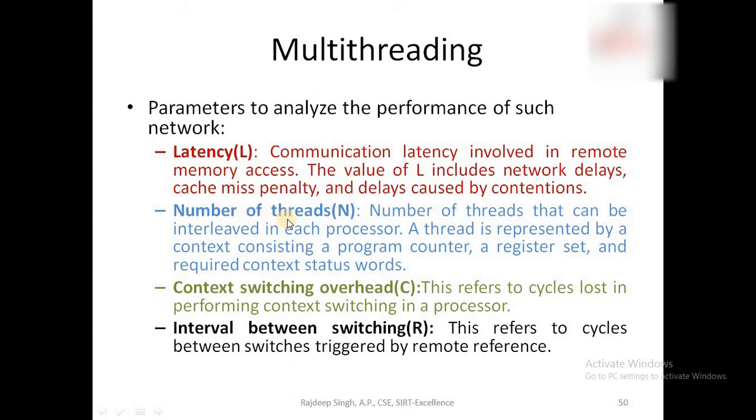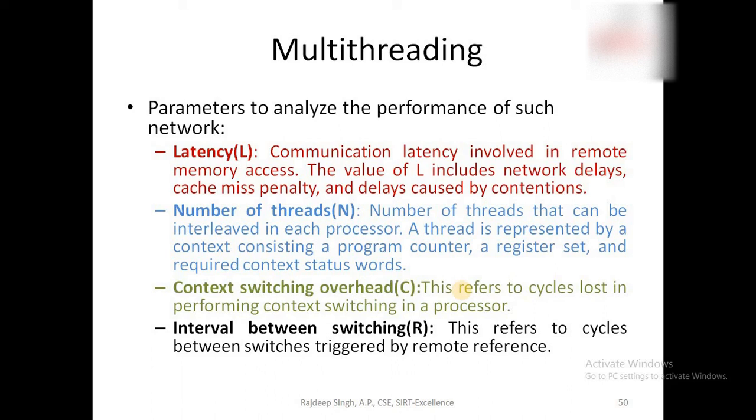Now what is N? N is the number of threads that can be interleaved in each processor. A thread is represented by a context consisting of a program counter, a register set, and required context status words. Context switching overhead, represented by C, is the number of cycles lost in performing context switching in a processor.